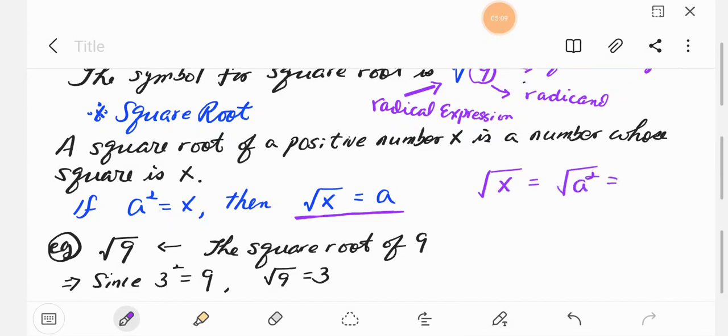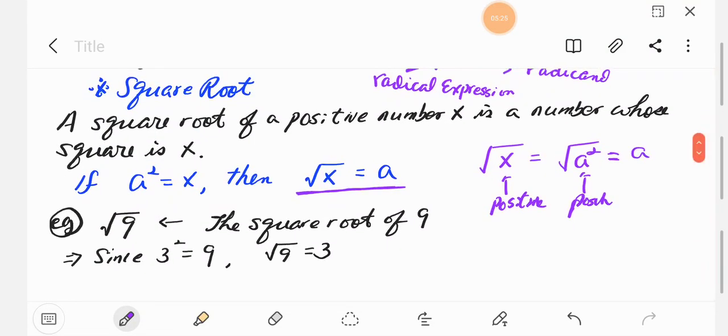A is a positive number, so a squared is also positive. Then this is equal to a.